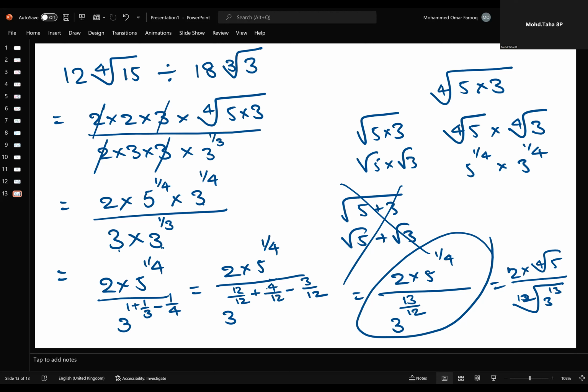Sir, can we find the root of 2 by the long division method? You can, it will take time, but since it is an irrational number, it goes on. Understood?